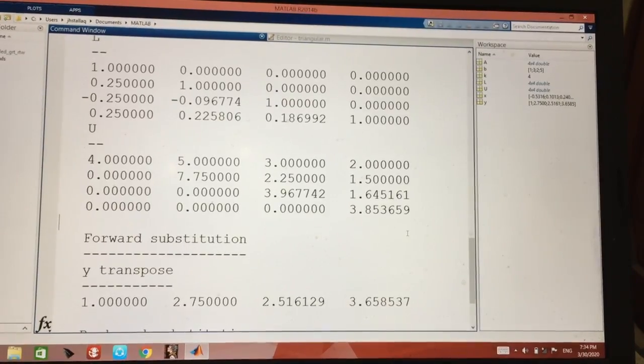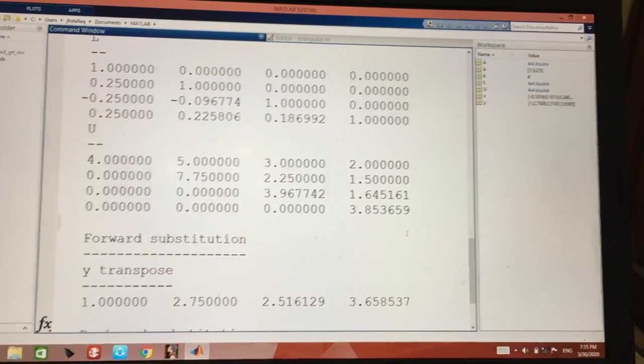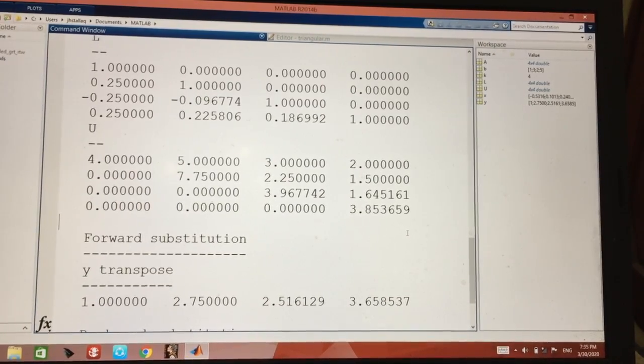This is L21 here. So L21 times y1 plus 1 times y2 is equal to b2. So y2 is b2 minus L21 y1, and we continue that. For y3, it's b3 minus L31 y1 minus L32 y2, and so on. We do it that way. We find the vector y.